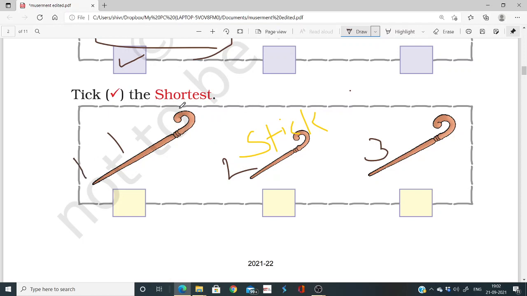When we compare these three sticks with each other, we have to observe how much the length of each stick is, and then we will get an idea which is shortest and which is longest. This is the longest and this is the shortest of these three sticks. We have to find out the shortest, therefore our answer will be this.